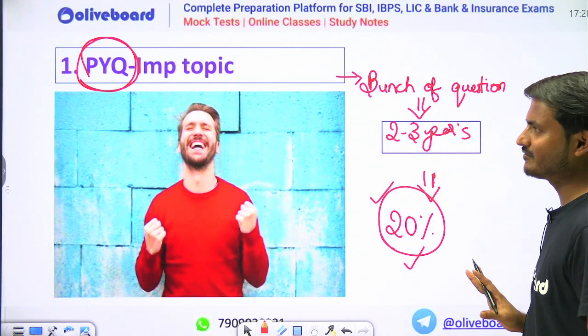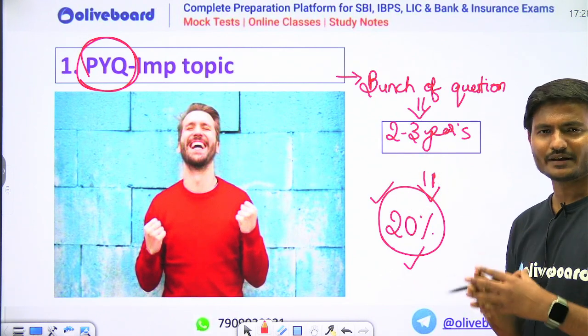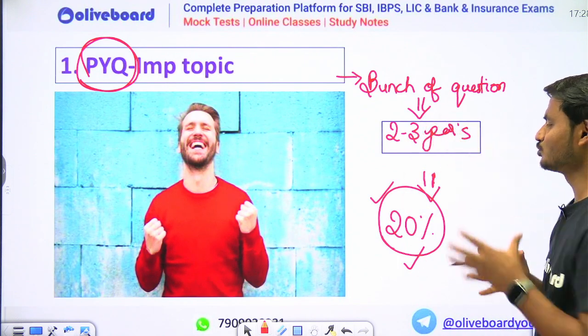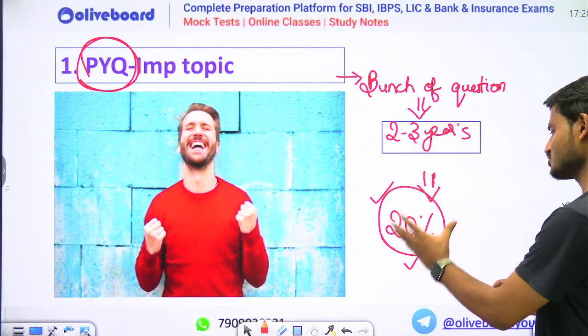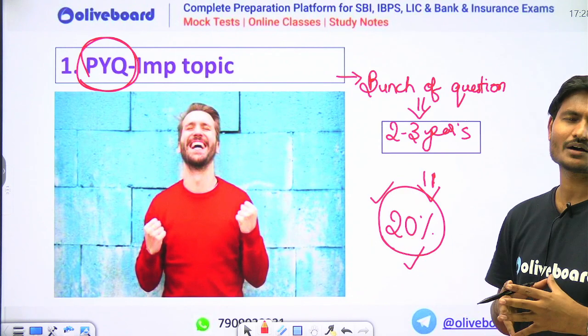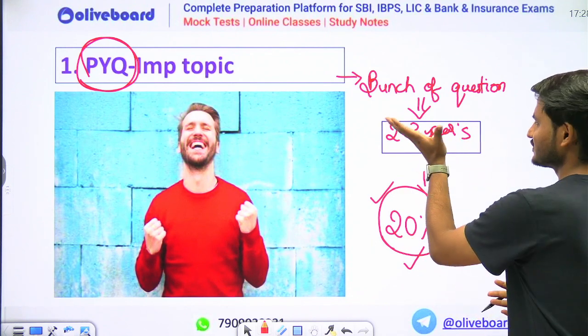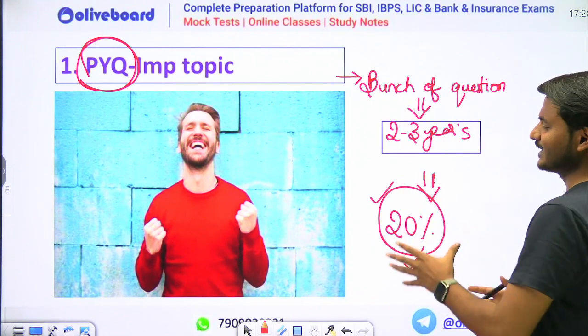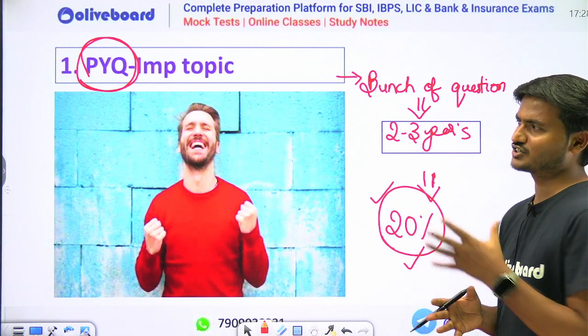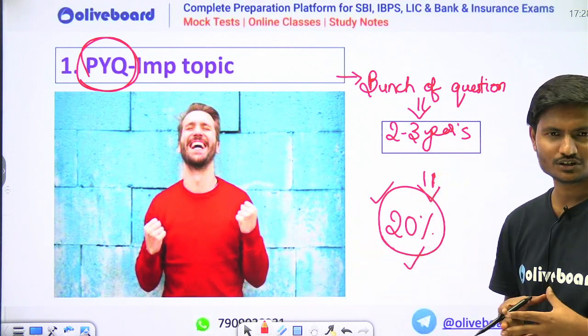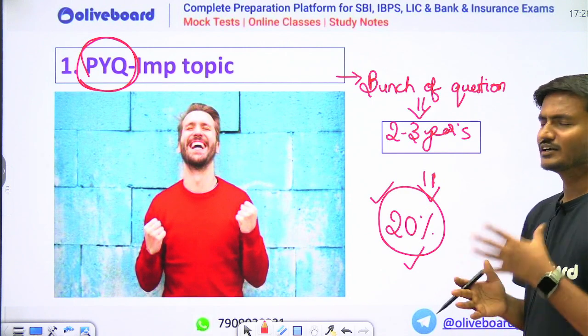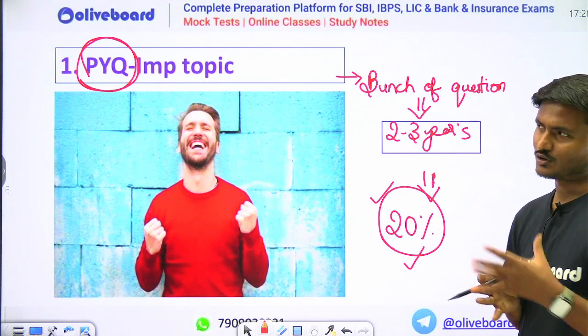When you open the PYQs, just open 2 to 3 years of PYQs and see those questions which have repeatedly been asked. You will see that nearly 20% of the questions are asked repeatedly in 2 to 3 years. So just try to learn those types of questions first from the PYQs.